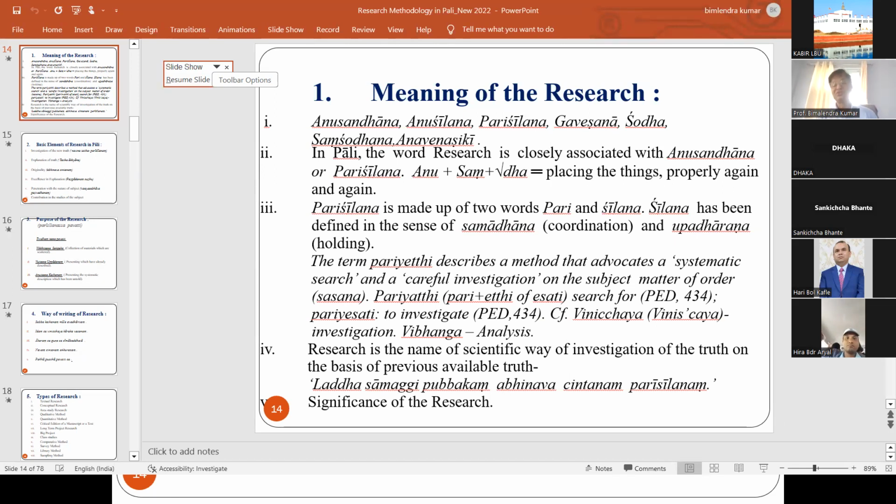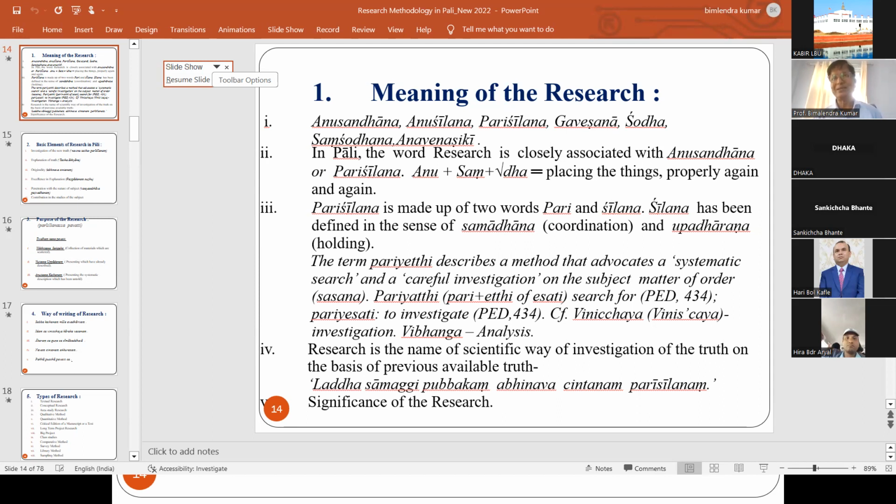On the basis of some of the terms available in our Pali or Sanskrit texts, we can understand what research is. Research is nothing but the scientific investigation of the truth or any ideas or thoughts on the basis of the materials available to us. In Pali, it has been defined as laddha samaggi pubbakam abhinava cintane parisilanam.